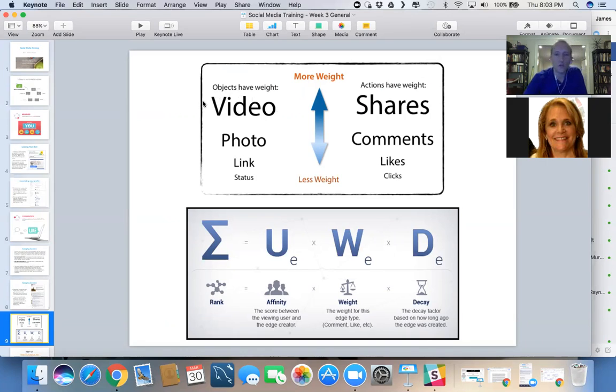When you're posting videos, either from YouTube or stuff that you've made, that's going to get the highest amount of points, let's say, from Facebook when they think about where they're going to put your post in somebody else's feed. And at the soundboard, we know this. We're working hard on putting good video content on there for you to share.